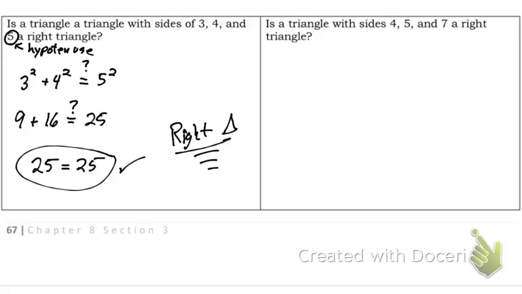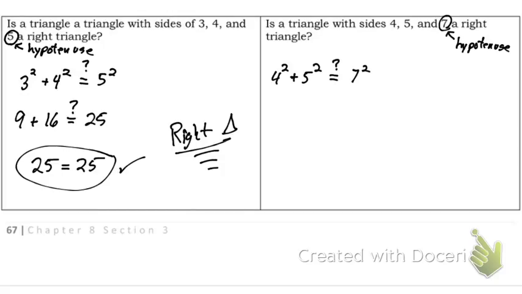Well, if I give you one that's a right triangle, you better believe the next one probably isn't a right triangle. Once again, I'm just going to look at 4, 5, and 7. I'm going to locate which is the biggest side. I'm going to call that my potential hypotenuse. So that would be 7. 7 is my potential hypotenuse. And in order for this to be a right triangle, 4 squared plus 5 squared would have to equal 7 squared.